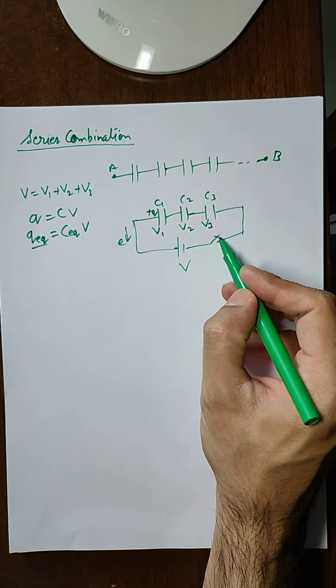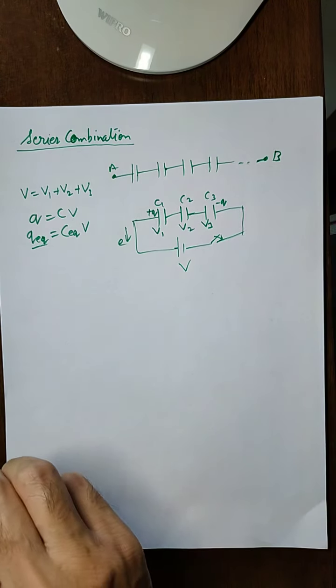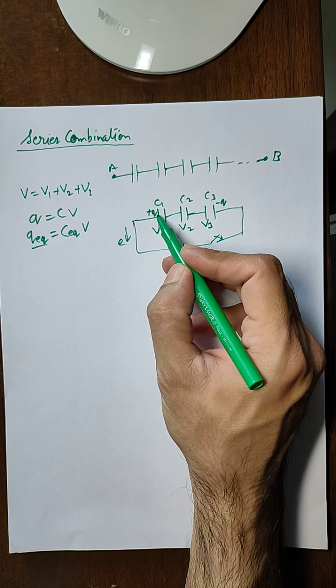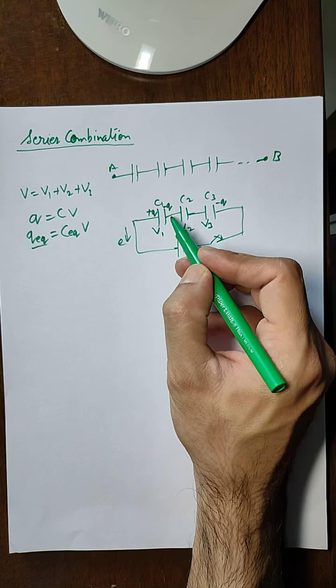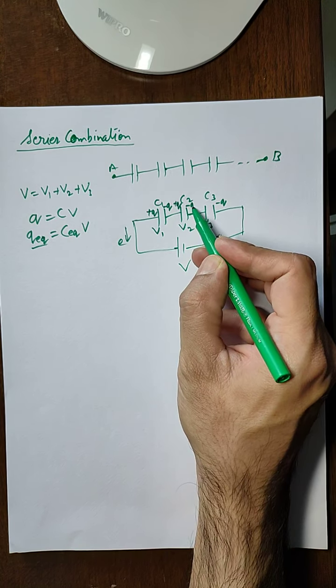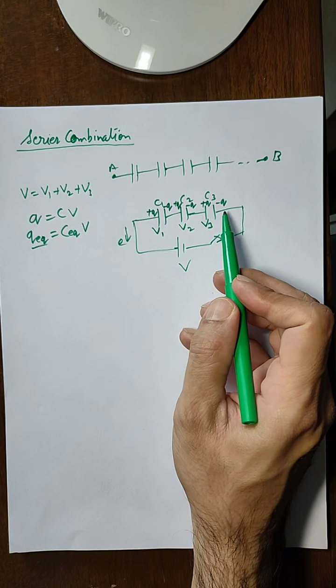These electrons will be transferred to the other plate and a minus Q charge will develop there. When this plus Q charge develops here, it will pull electrons onto this plate and there will be a minus Q charge. This minus Q charge will induce a plus Q charge here, which will induce minus Q, and this will induce plus Q. This way the charges will be distributed.